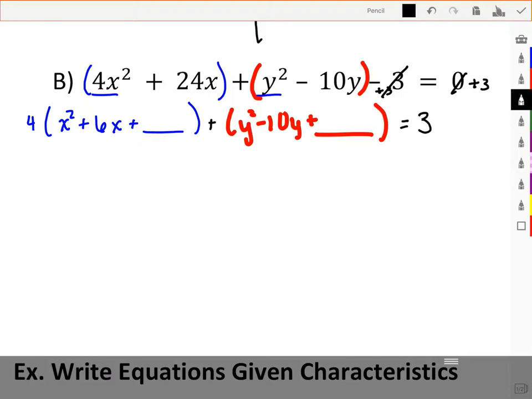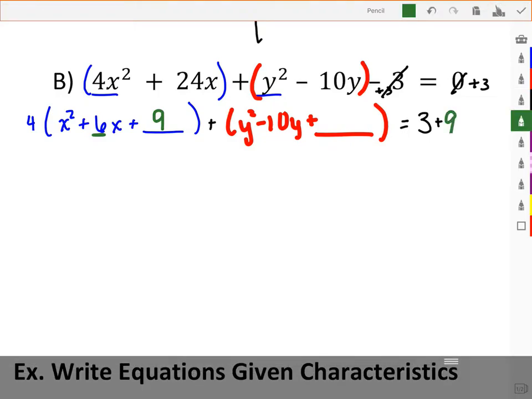Okay, so to complete the square, we start by taking half of 6, which is 3, and we square that. 3 squared is 9. Now we can't just add 9 to one side of an equation. We have to add it to both sides. So I'm going to say plus 9.